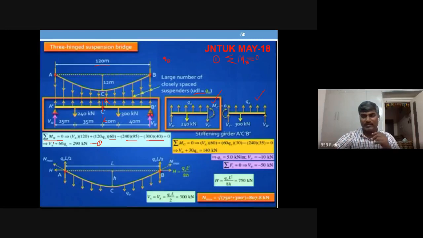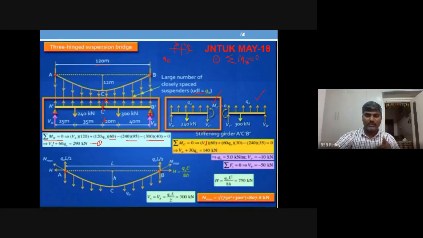Moment at a section. So that's why you will have the sign convention. Sagging positive. So left of section clockwise, right of section anti-clockwise, both are positive. The same is applied here.